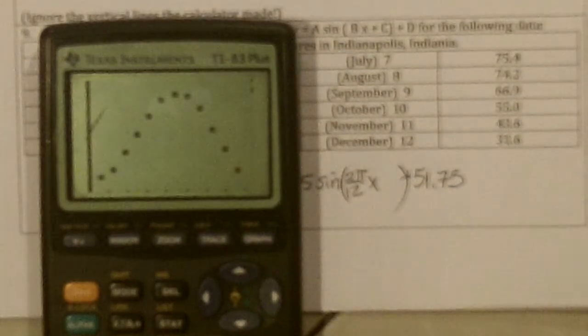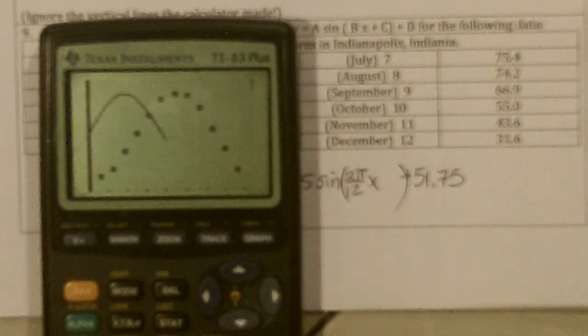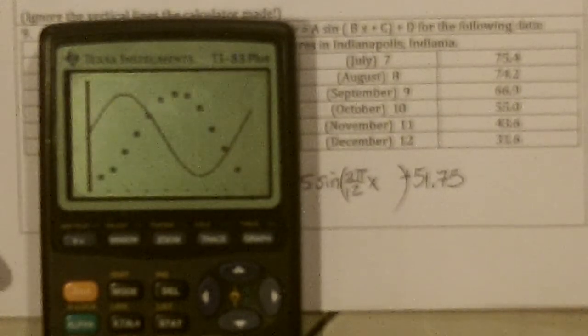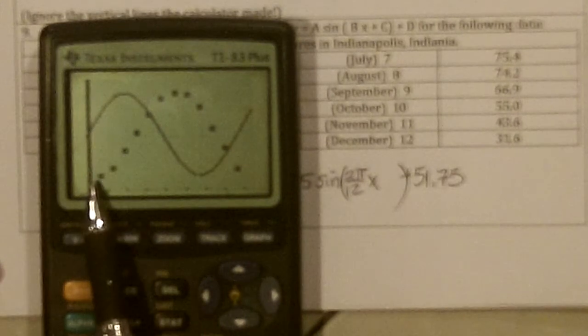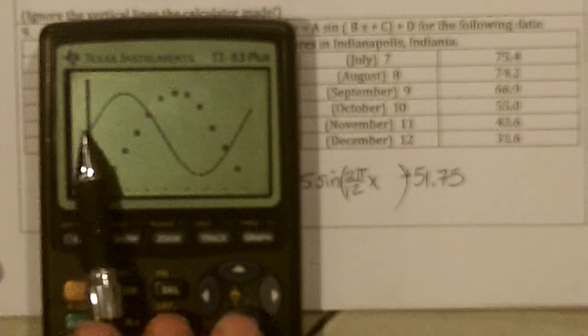Let's see how that comes out. It looks like it's about the right shape, but the sine curve starts on the center line and we need to start it near the bottom, so we need to slide this over.